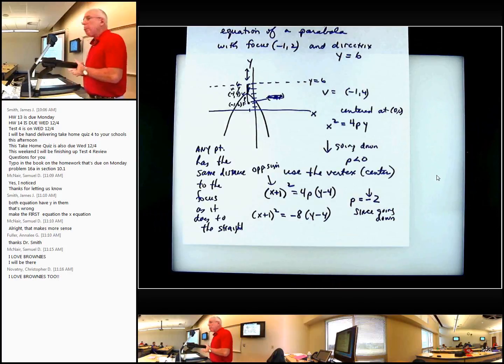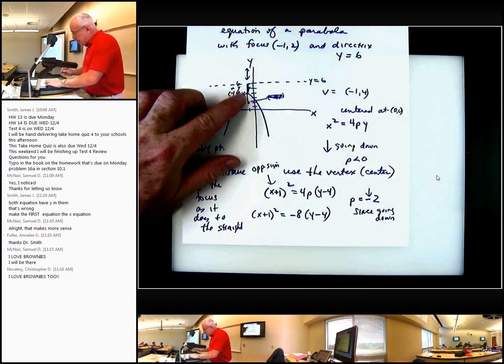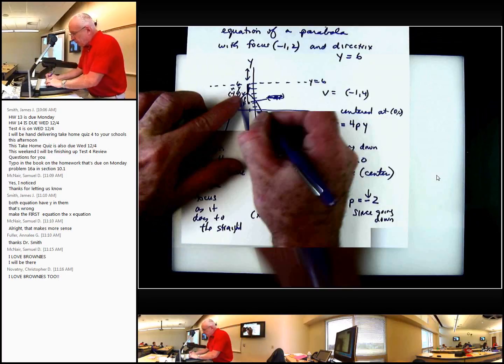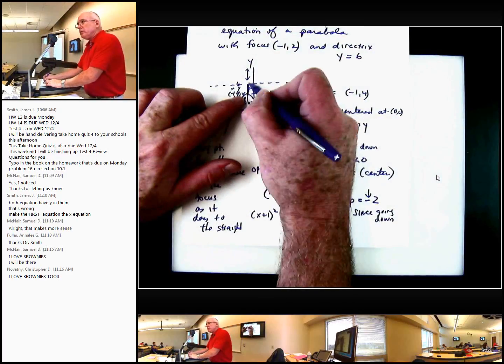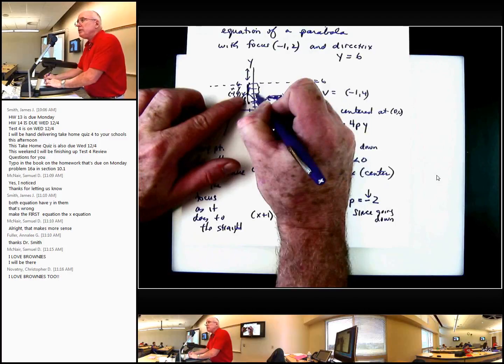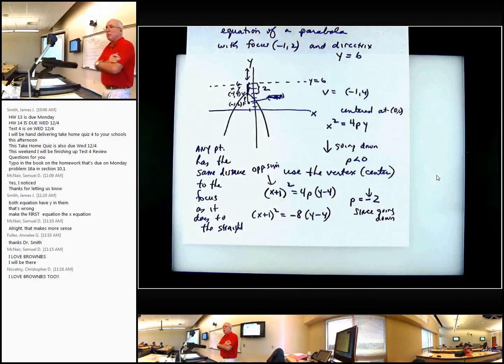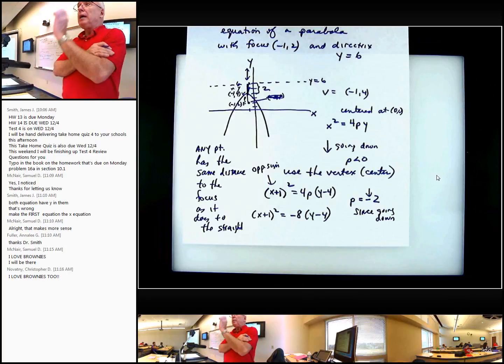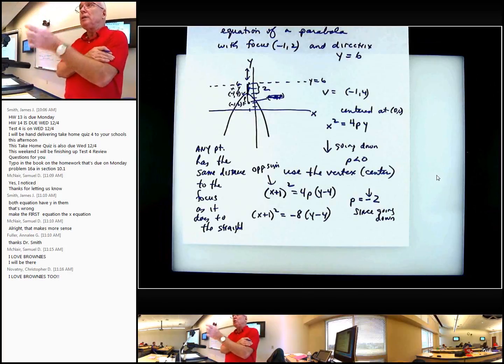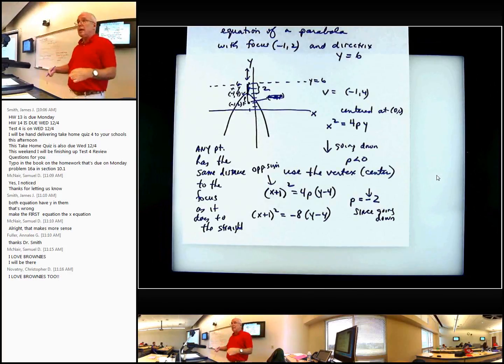So you agree that it's 2 and not 4? Right. The P is -2. Because here we have a 4, the Y value is 4, the Y value here is 6. So the distance there is a 2, right? But it's 4P. Here the P isn't a +2, it's a -2 because it's going down.